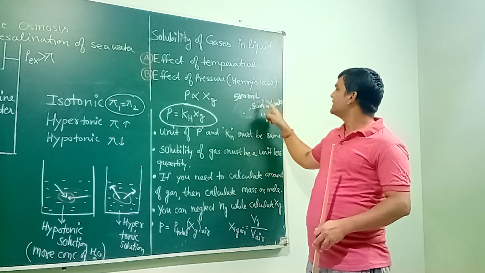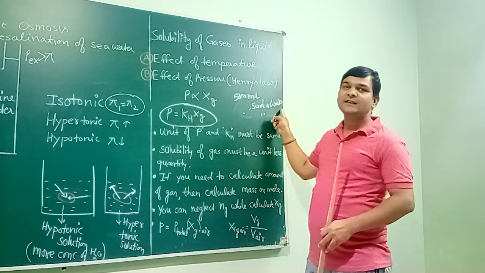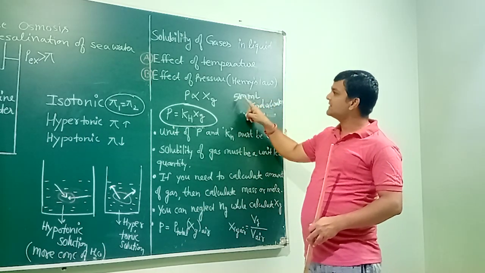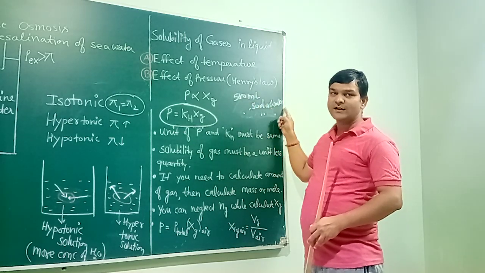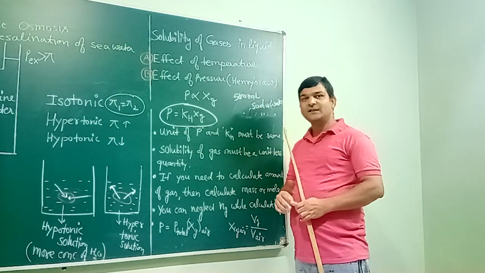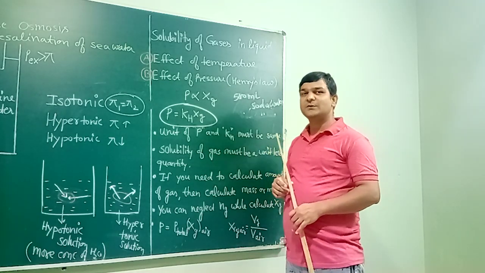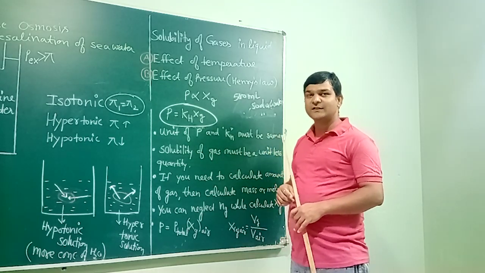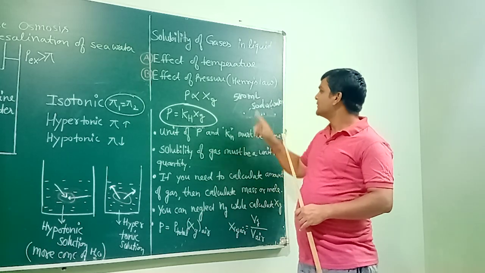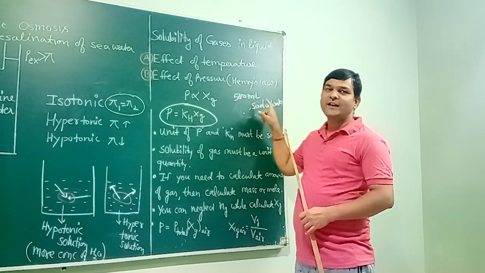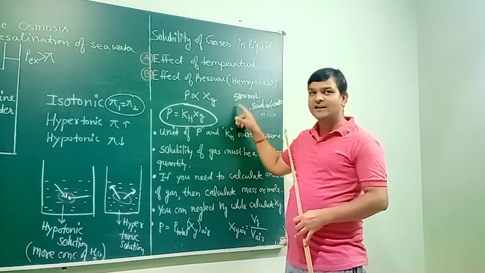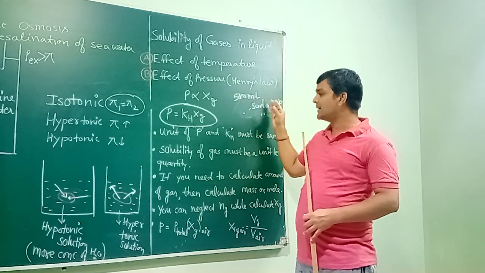So 500 milliliter soda water can be read as 500 milliliter water, and 500 milliliter water can be converted into grams by multiplying by 1, as we know that the density of water is almost 1 at normal conditions. So 500 milliliter soda water equals 500 milliliter water, which equals 500 gram of water.